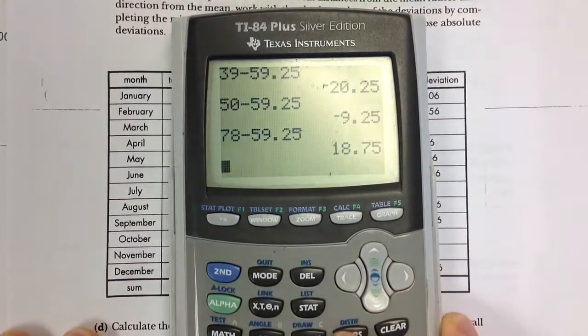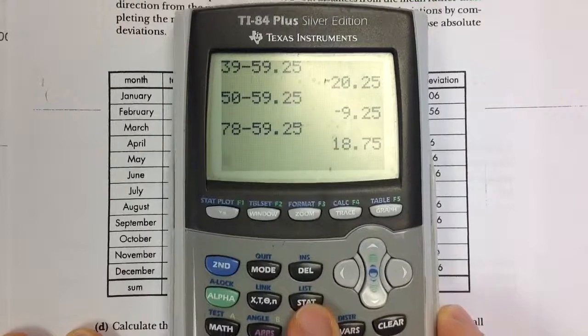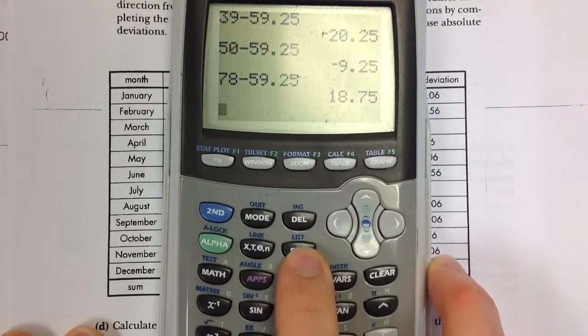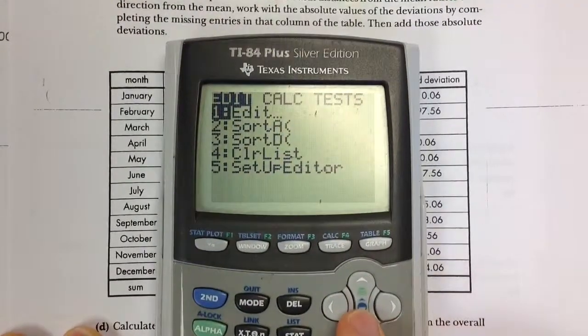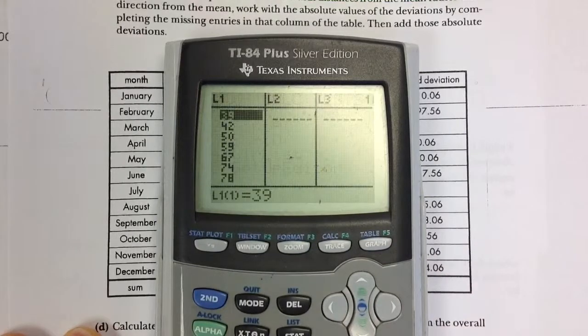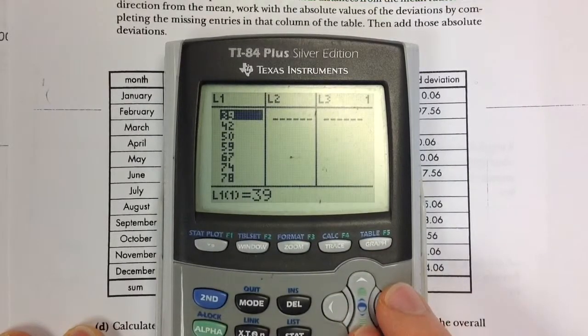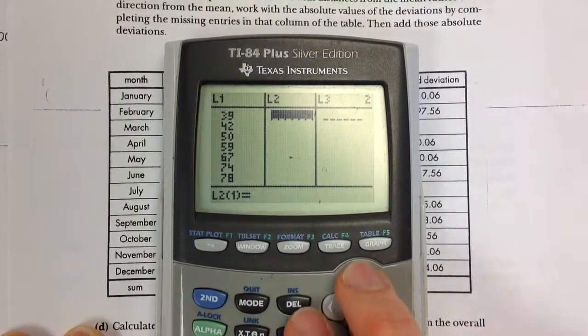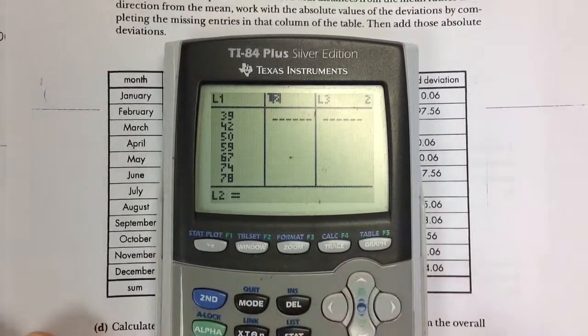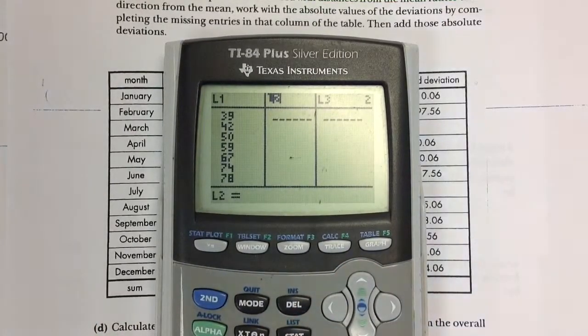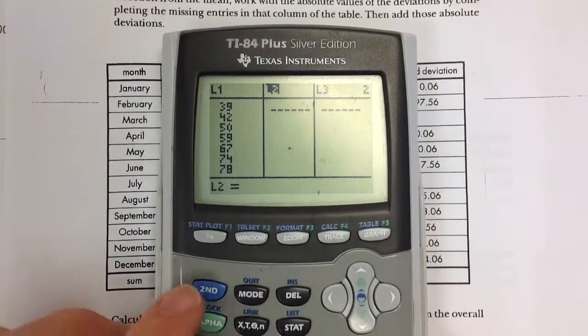So check this out. Stat, edit, please go to the very top of L2. We're going to use a list operation, an iterative operation here. So please press second 1.